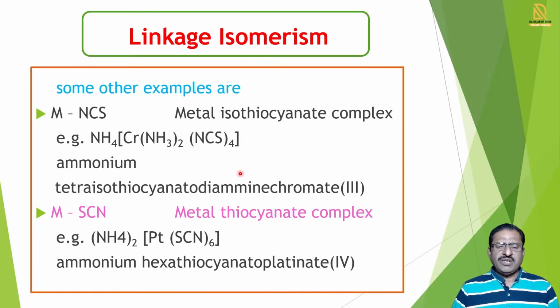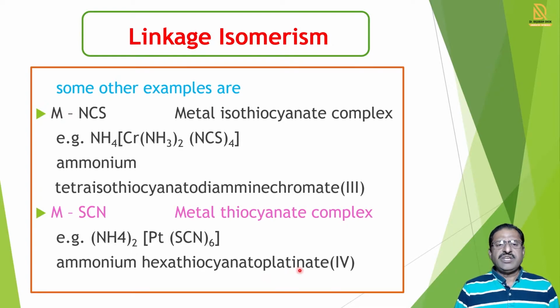Other rules of nomenclature are similar to what we have seen in the first lecture of this coordination chemistry. Then when sulfur is attached from SCN to the metal, that is called a metal thiocyanato complex. In this, we take the example (NH4)2[Pt(SCN)6]. Here sulfur is bonded with platinum, and we say ammonium hexathiocyanatoplatinate(IV).